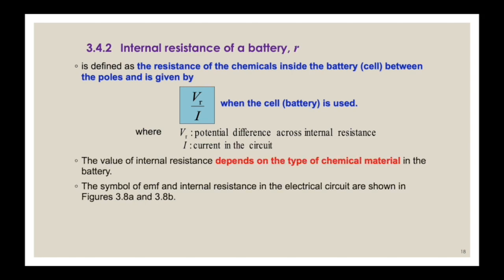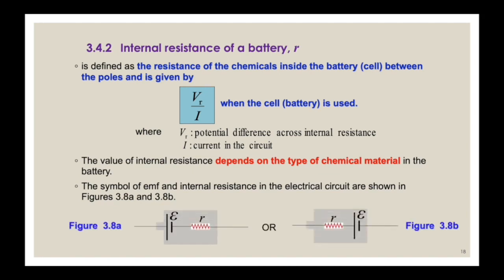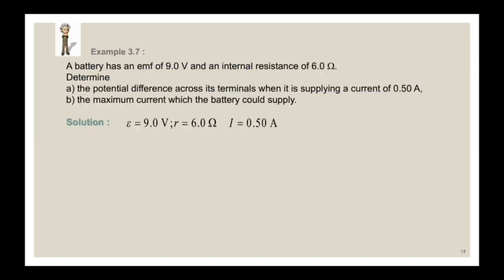And the value of internal resistance varies because it depends on the type of chemical materials inside the battery. Okay, there is a symbol for EMF and internal resistance. I have told you before, it can be on the right or on the left, it doesn't matter.